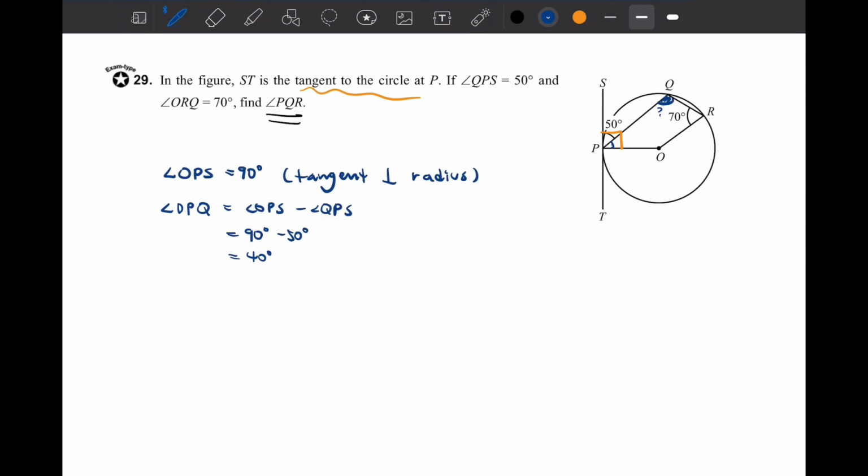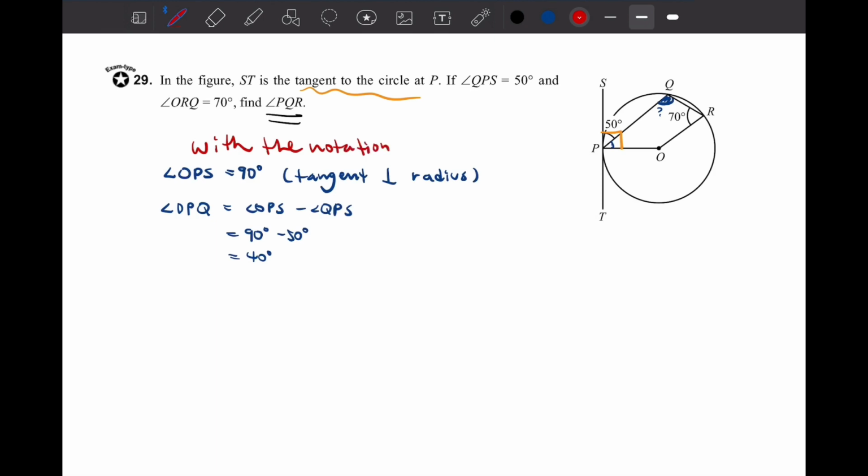Okay, so what else do we know? We got a cyclic quadrilateral inside, but we don't have enough information to find this angle here because we don't have this opposite angle as well, so it's not going to be helpful even though you know it's a cyclic. And perhaps if we add one line here, it can help a little bit.